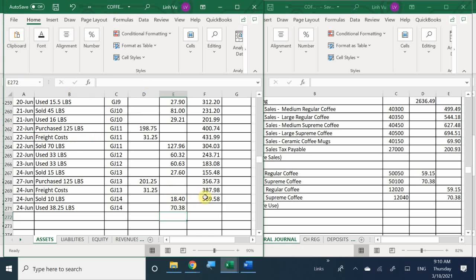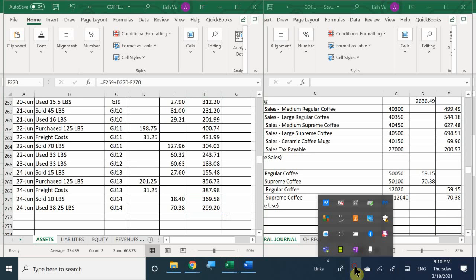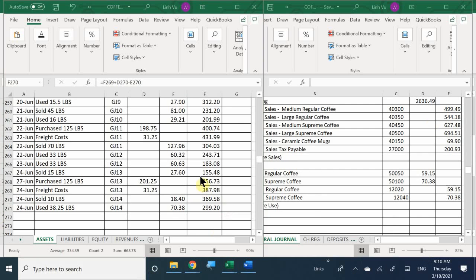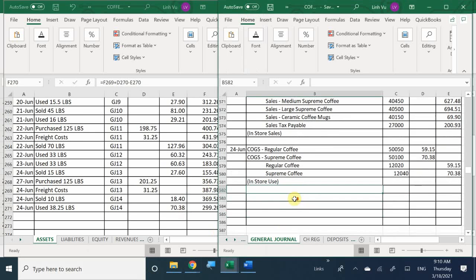Yes, and total is 299.20, which is exactly what we solved for in our inventory worksheet. Okay? All right, so now that we finished that, what's next?